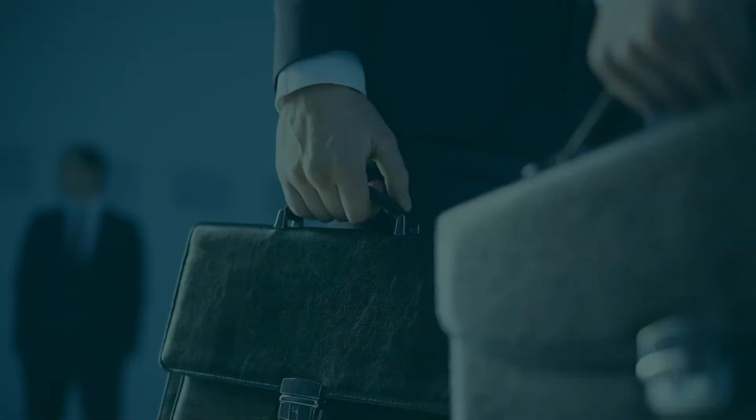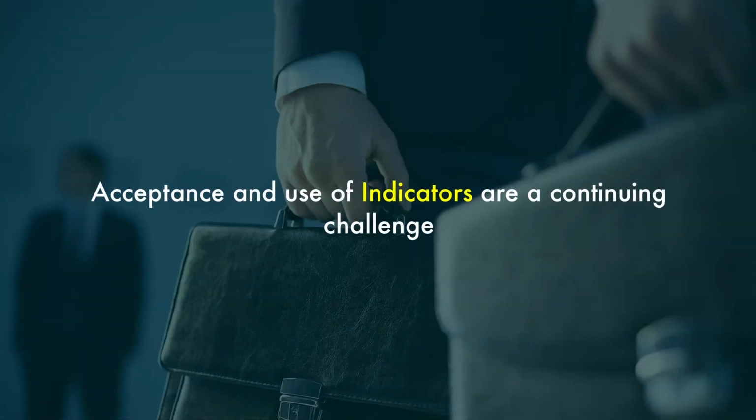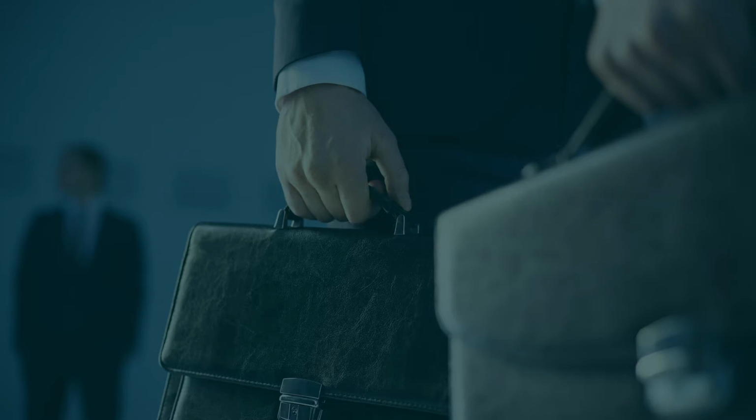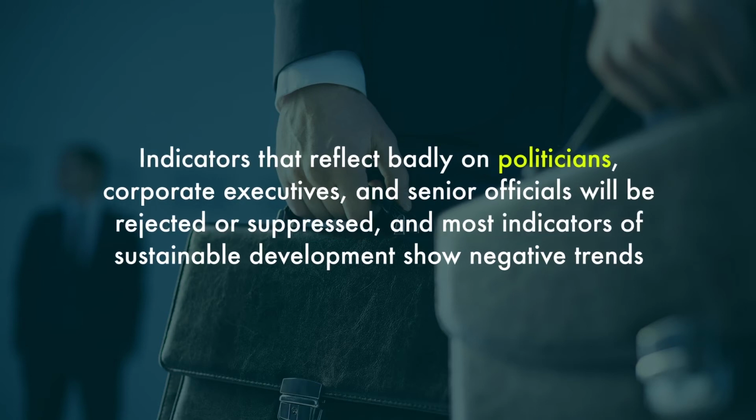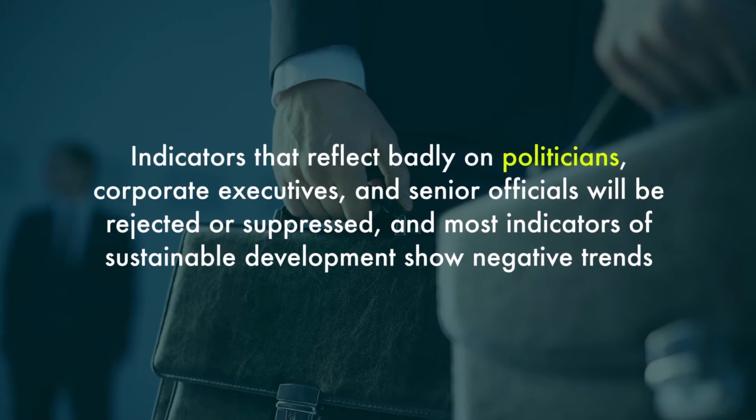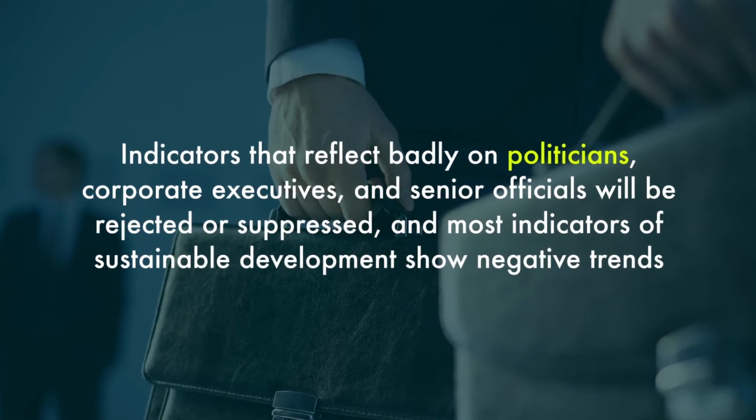Then it should be accepted by the users. And acceptance and the use of indicators has become a continuing challenge. Because, for example, any indicators that reflect badly on politicians, corporate executives, and senior officials will be rejected or suppressed.